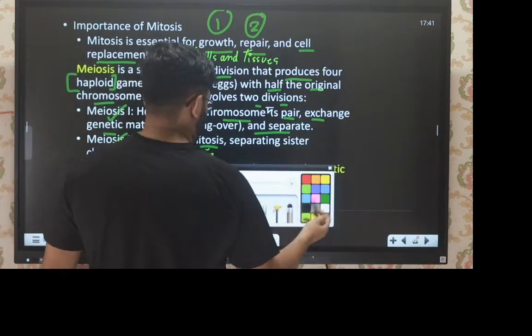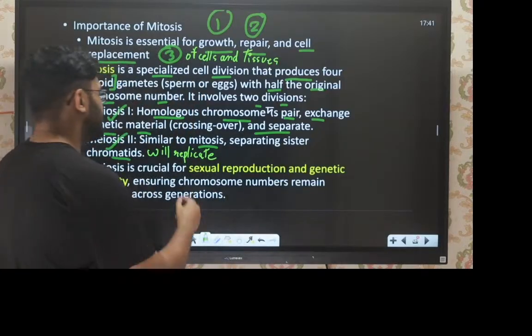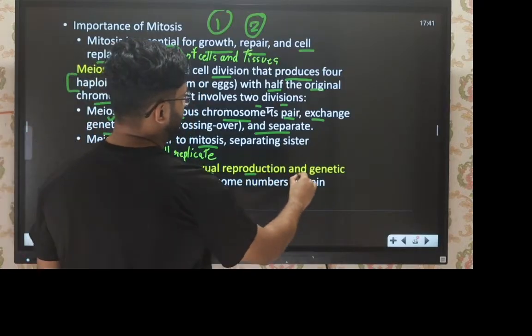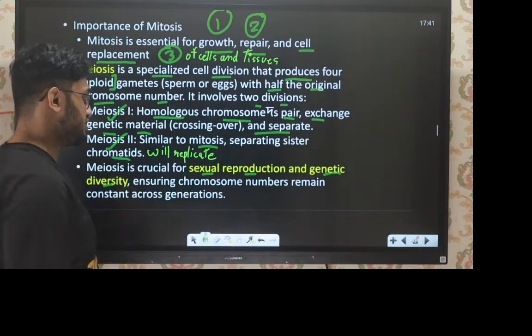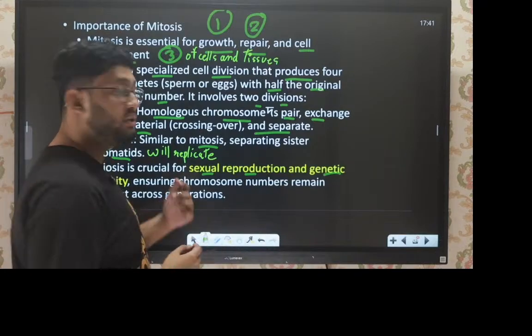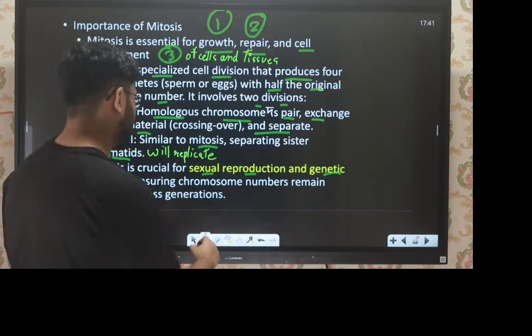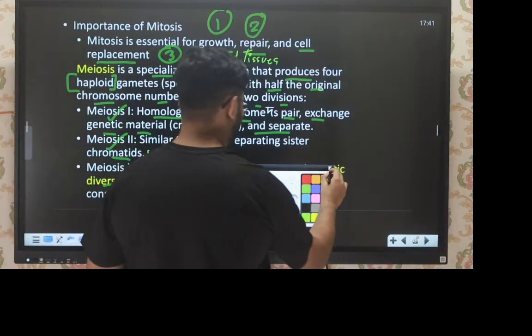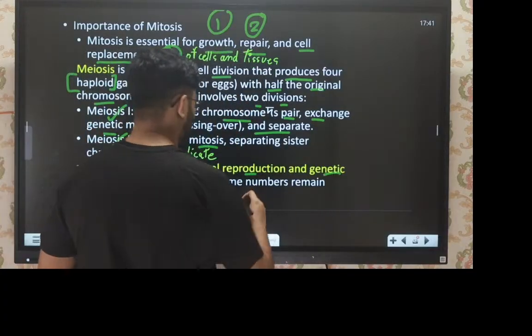Now, why do we need meiosis? Why are we learning meiosis? It's very important for sexual reproduction and genetic diversity. Now, how does meiosis contribute to genetic diversity? It's very important. I'm just going to write it down.